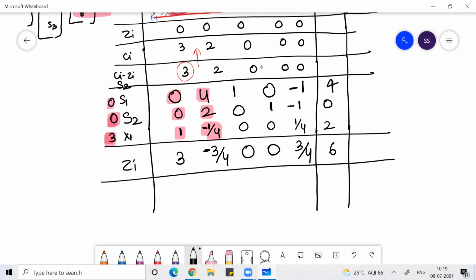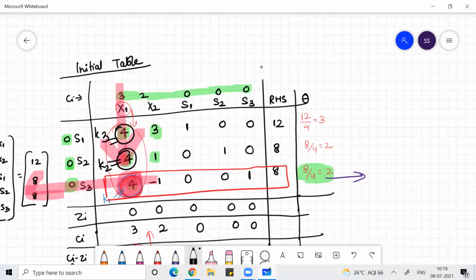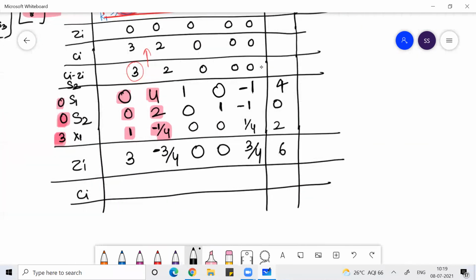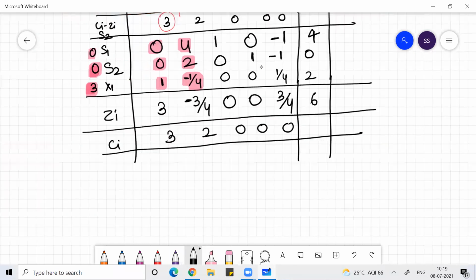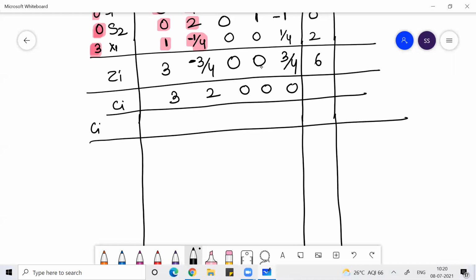So once we find this Zi value, we have Ci values. Ci values are 3, 2, 0, 0, 0. Then we'll find Ci minus Zi. That is 3 minus 3, 0. 2 minus minus 3 by 4.